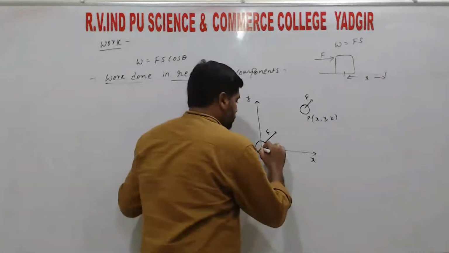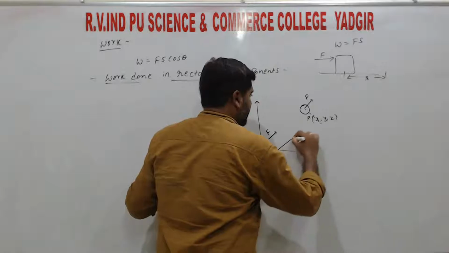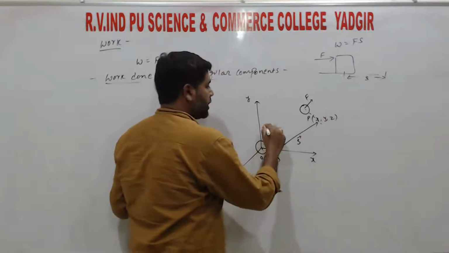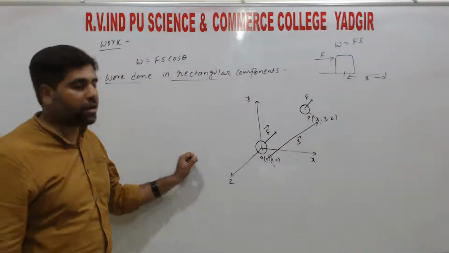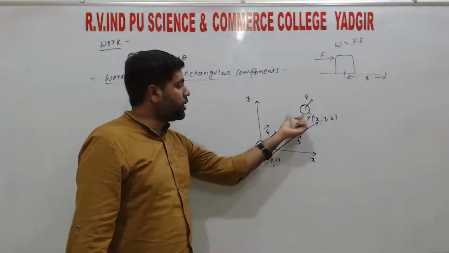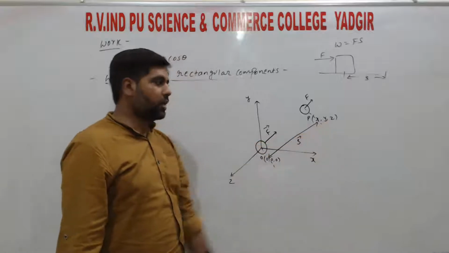The displacement from here to here we take as S. Force is applied, and along with the force the position of the object has changed. Initially it was at the origin; after applying force it changes its position to x, y, z.